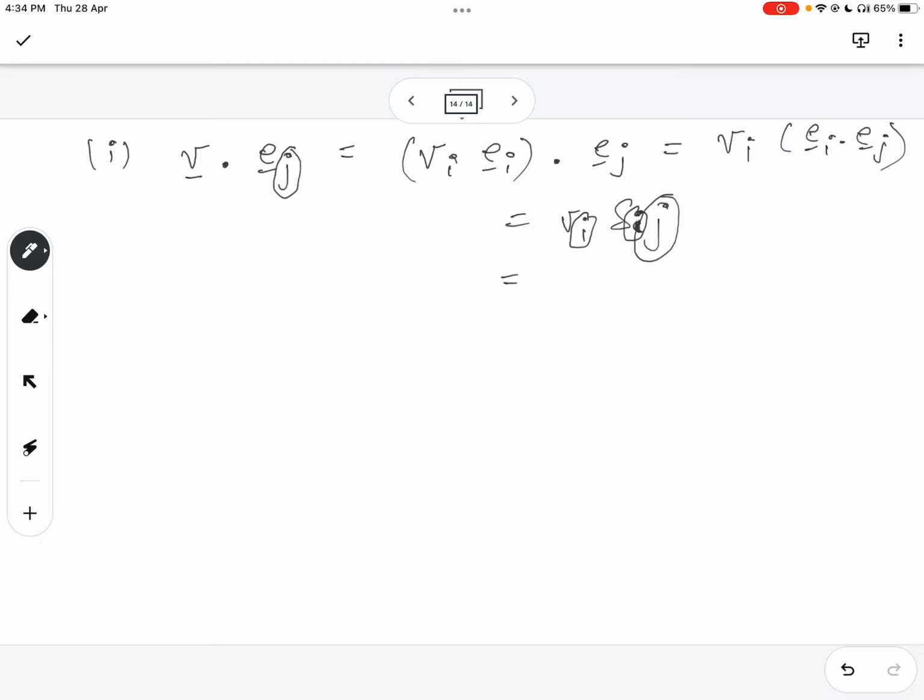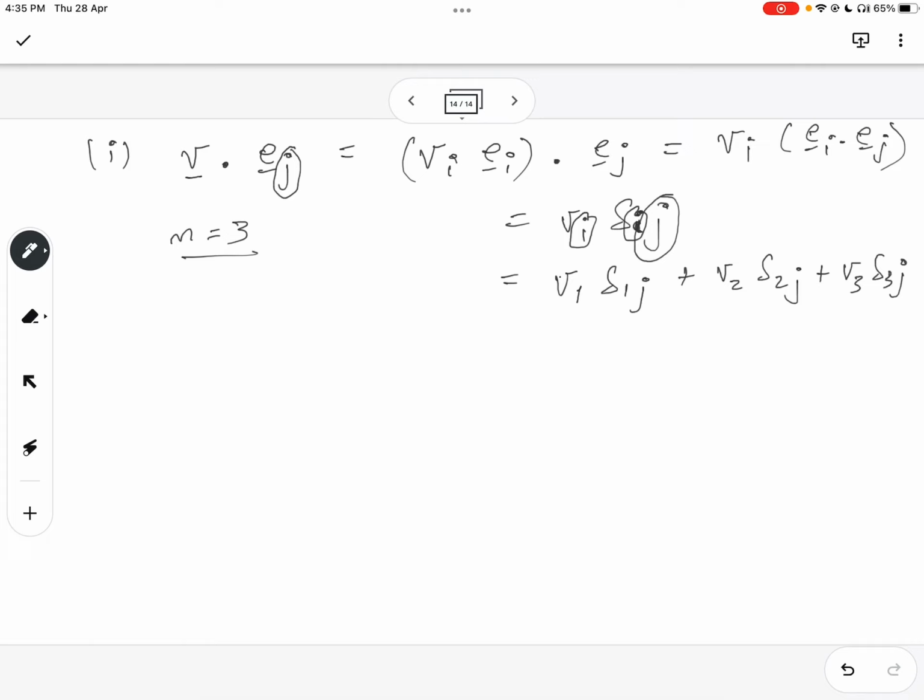So what does this mean? That this can be written as V1 delta 1J plus V2 delta 2J plus V3 delta 3J. And as J also goes from 1 to 3, so we are restricting ourselves to three-dimensional, n is equal to 3, three-dimensional Euclidean space.